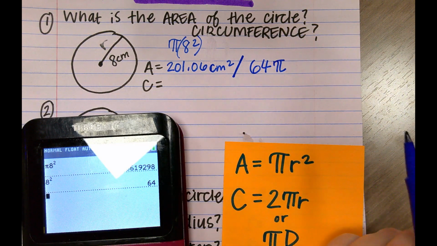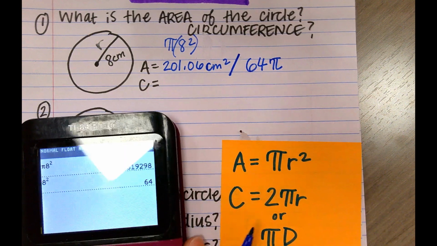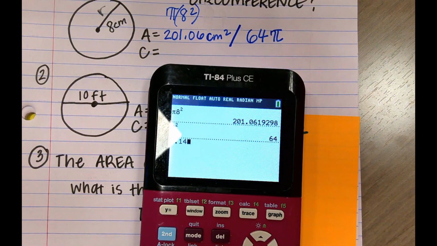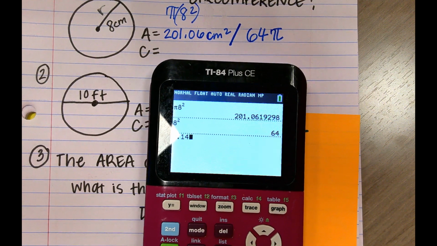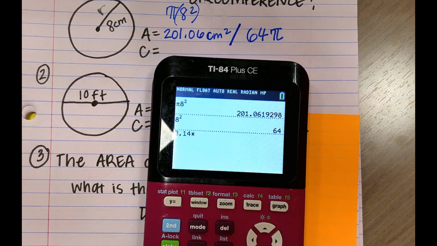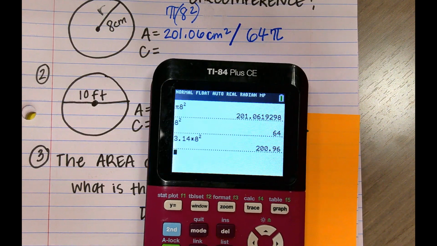So are we only using calculator pi, or can we plug in 3.14? You could plug in 3.14. Let's see how that would change our answer. It's a bit different. Okay, 3.14 times 8 squared. I want you to use the pi key if you're going to type it in.